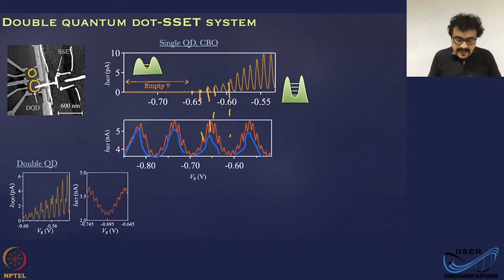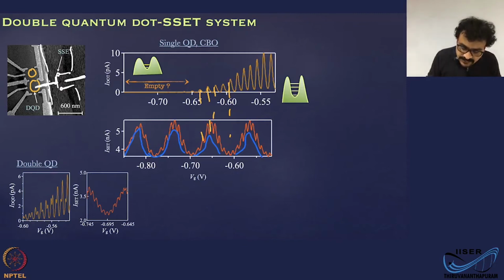Okay, and now you can turn on the other quantum dot by turning on these two gates. Then what you're going to have is a charge stability diagram, which is actually a honeycomb-like diagram.